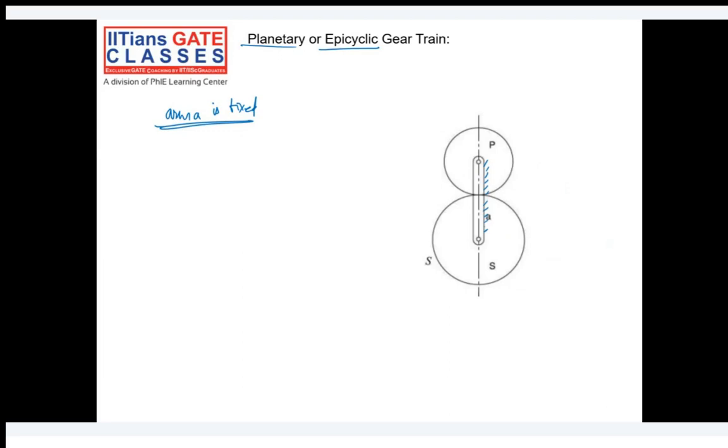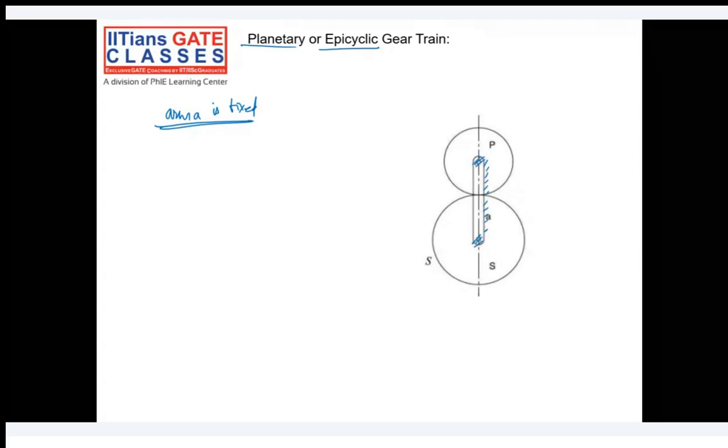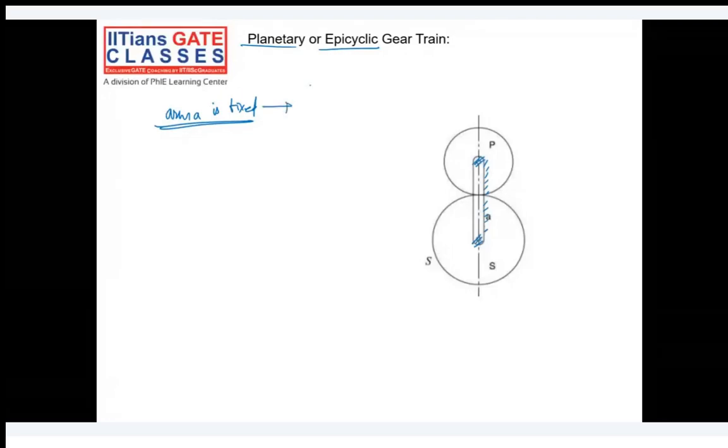Why? Because this axis is fixed, this axis is fixed, and then there is nothing different from a simple gear train. We have one driving gear and one driven gear. So if the arm is fixed, the epicyclic gear train or planetary gear train will be converted into a simple gear train. So this is one situation.